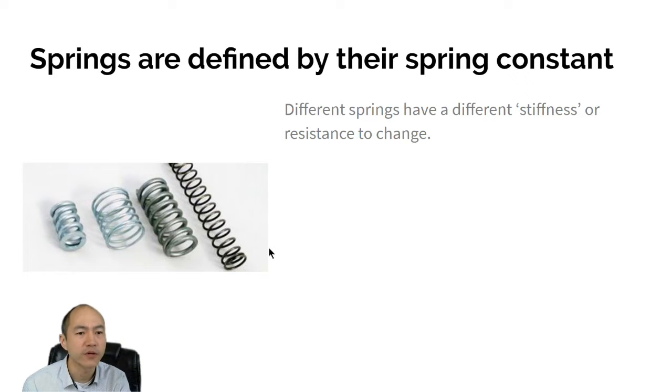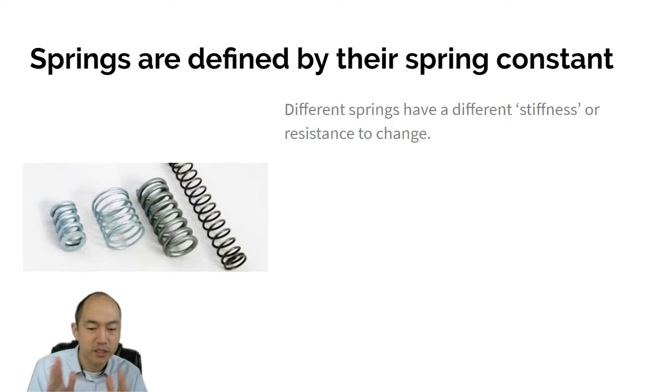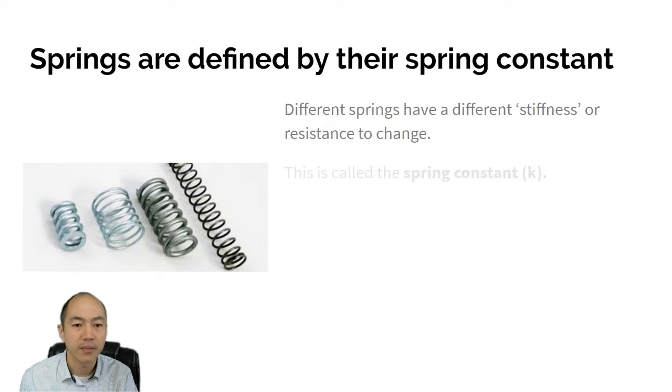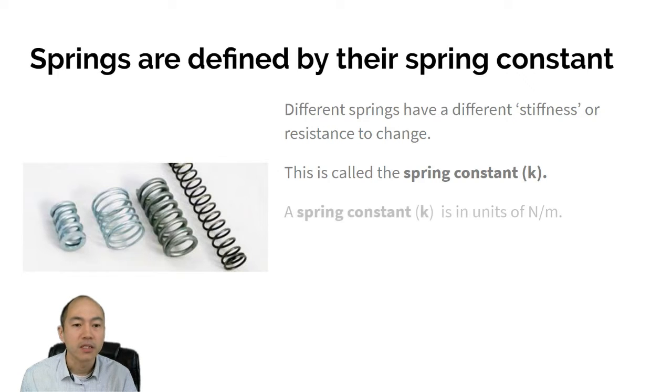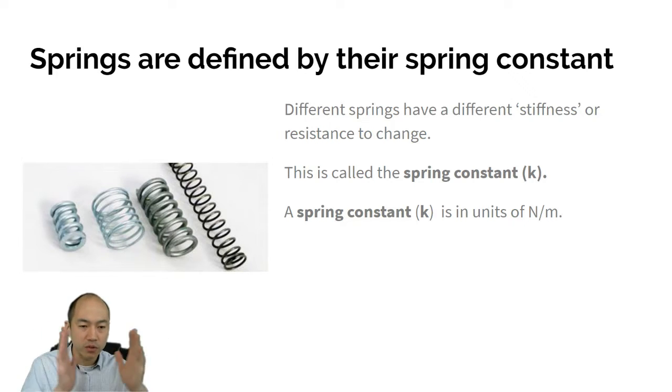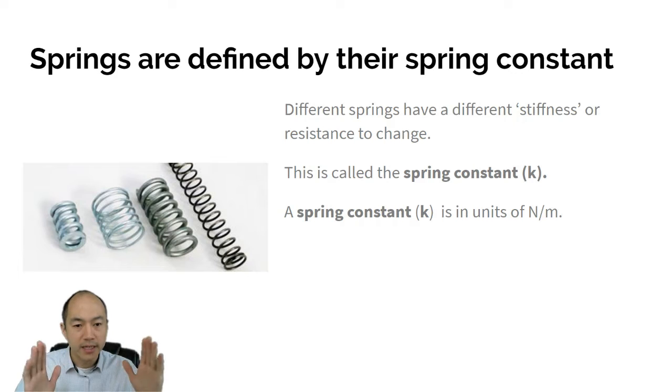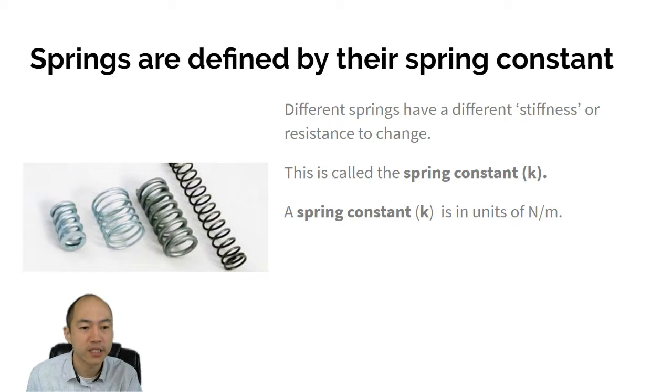We refer to springs by what we call their stiffness, or the resistance of change, how much force is required to squeeze or compress it. And that is called the spring constant, and it's represented by the letter K. So the spring constant K is in units of newtons per meter, meaning how many newtons, how much force is required to compress it, or also to stretch it by 1 meter.